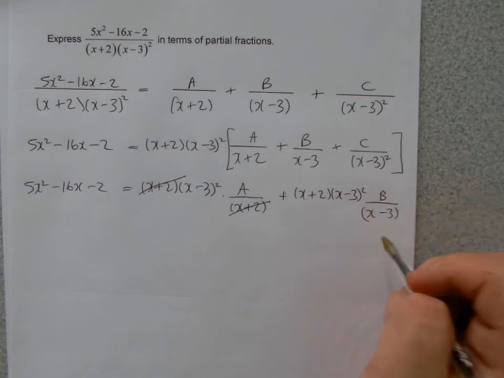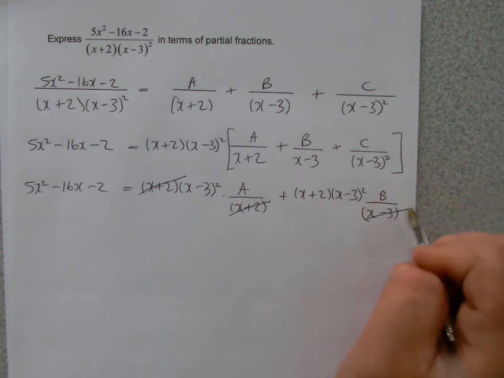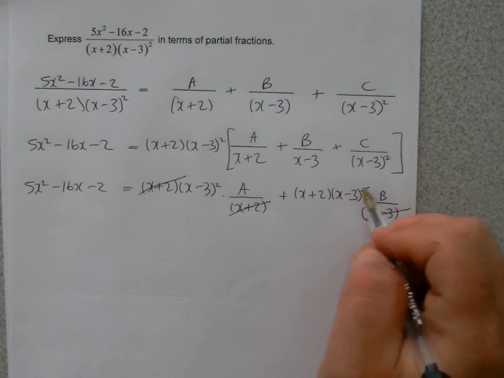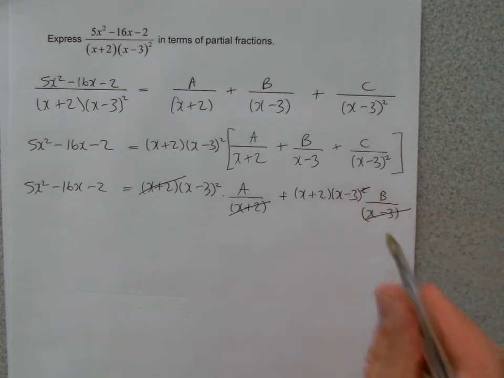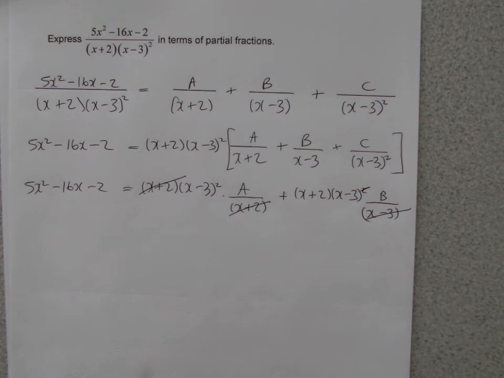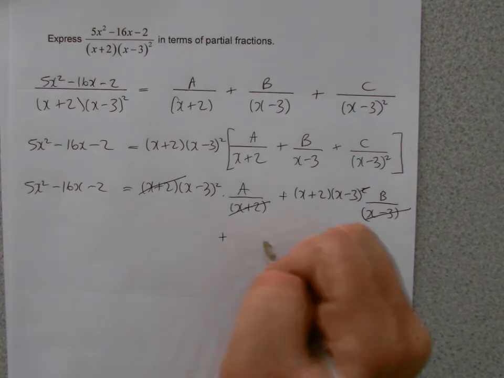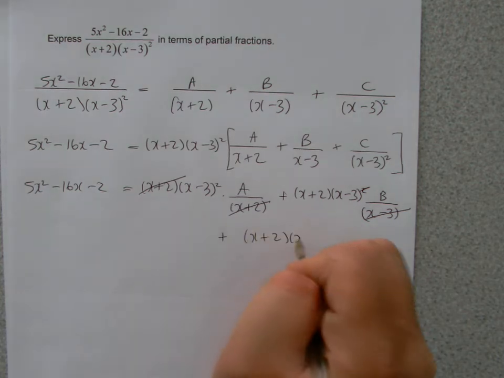Now be careful here, the x minus 3 will cancel only with one of them. The power will go down, so x minus 3 all squared divided by x minus 3 is x minus 3, just using rules of indices. And then finally, multiply that pair by the c.